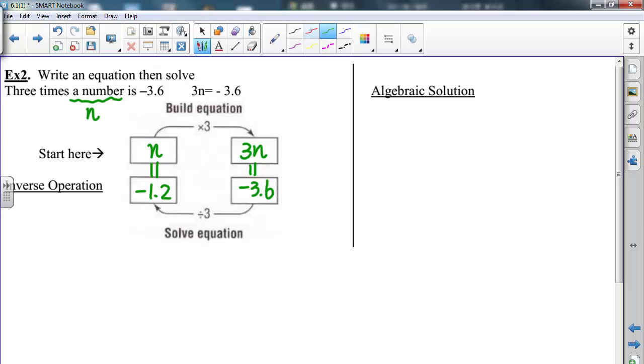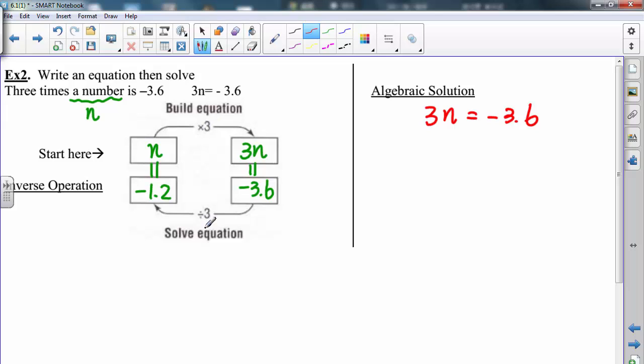So let's look at how we can solve this equation algebraically. 3n equals negative 3.6. That's the original equation. I want to find n. I need to isolate the number 3 in front of n, which is multiplication.